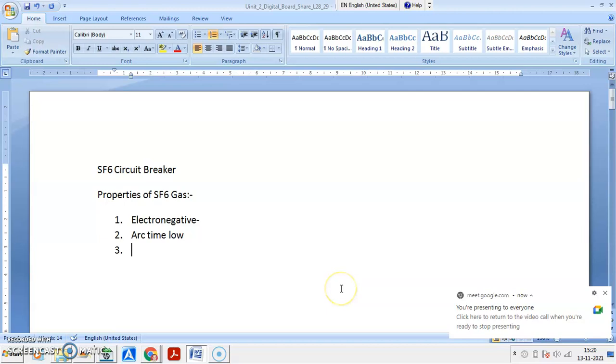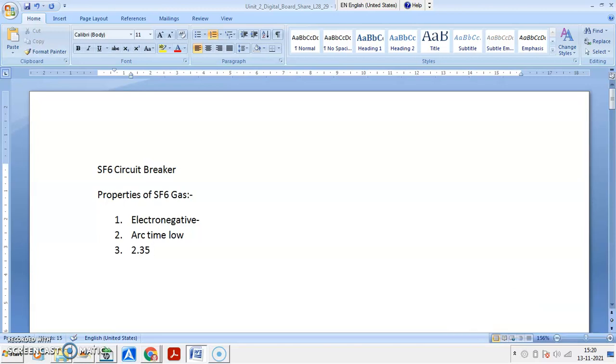Right? Then atmospheric pressure. You know the atmospheric pressure, particularly the normal pressure which we have.